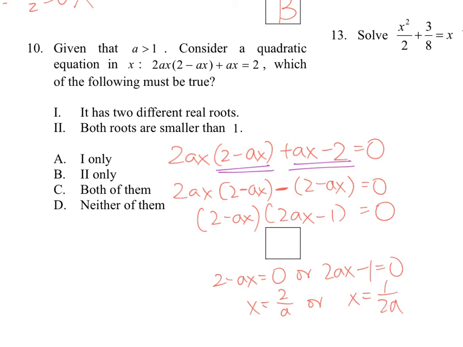However, statement 2 states that both roots, the first appearing root here, does not satisfy condition 2. How about condition 1? So use your mind, use your brain. Actually, they must be different. Can you understand why? I leave it as a blank for you to think of why these two roots must be different. Okay, so the answer is A.